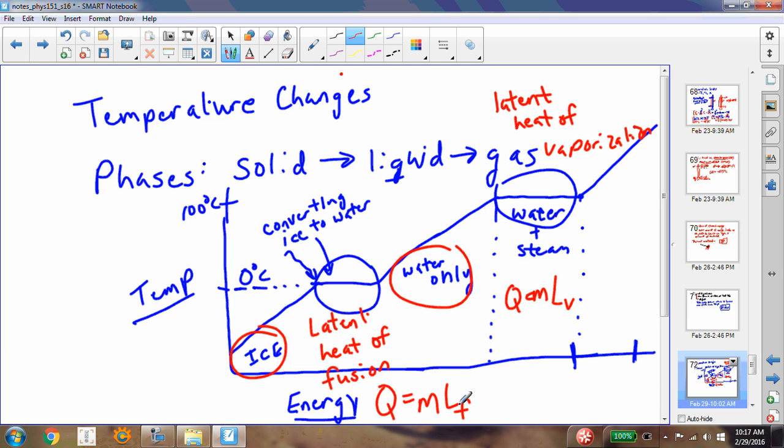We also can describe the amount of energy required to raise the temperature here. This is equal to Q = M times C times delta T, where here M is the mass. C is something that we've already seen, I believe. No, maybe we haven't. C here is the specific heat.